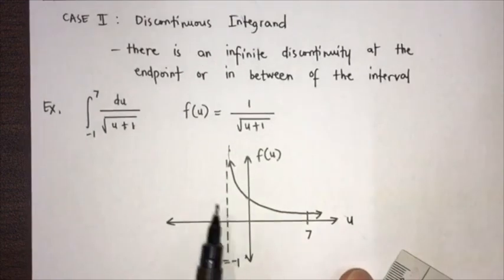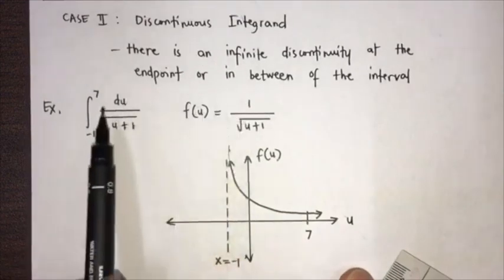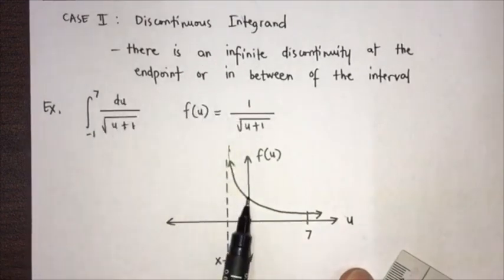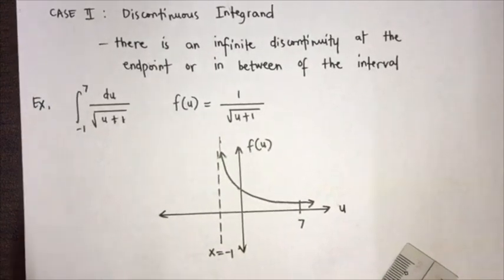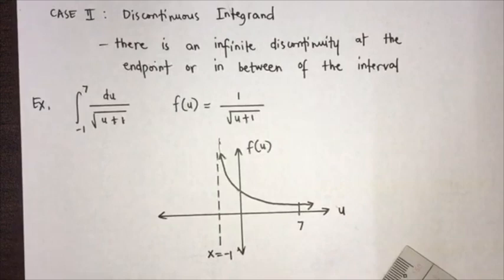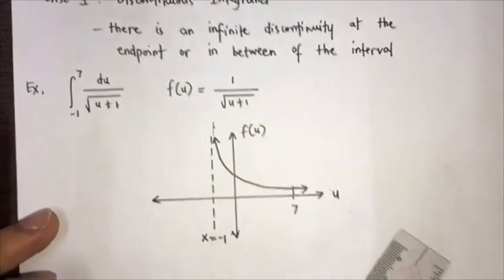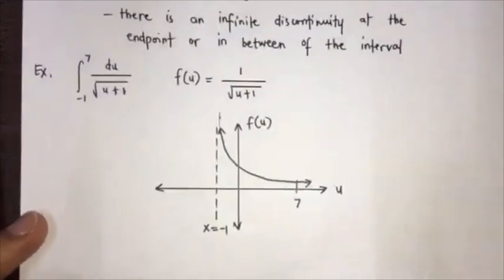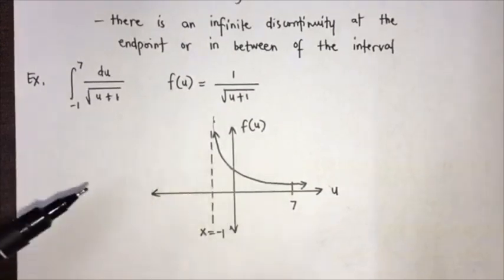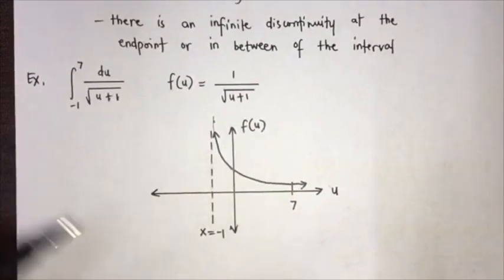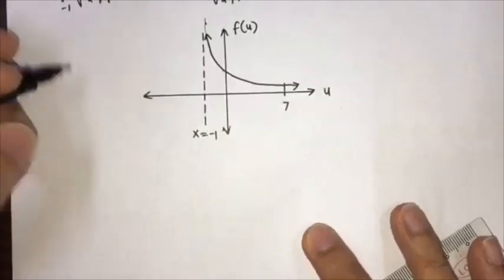But for these types of functions, we need to specify the direction from which the limit is coming. So in evaluating the integrand, we make use of the right hand side and the left hand side limit.